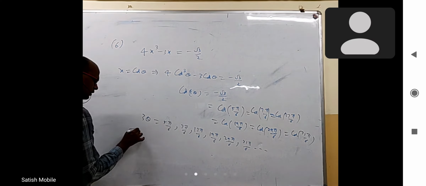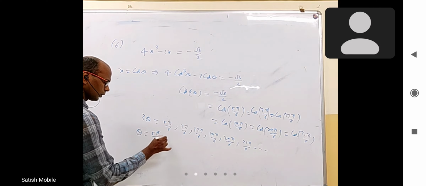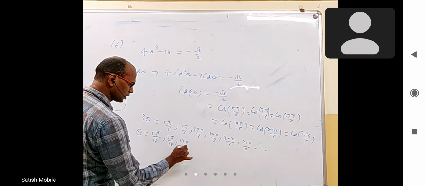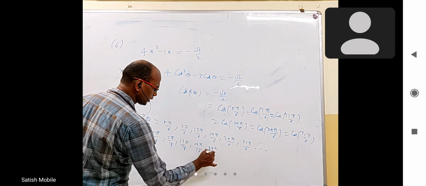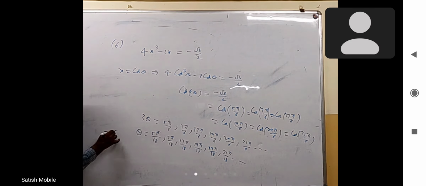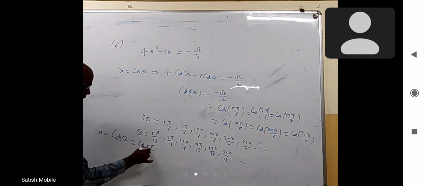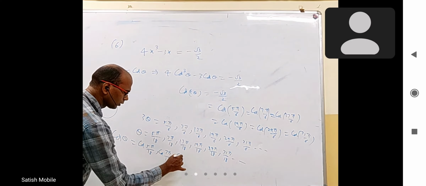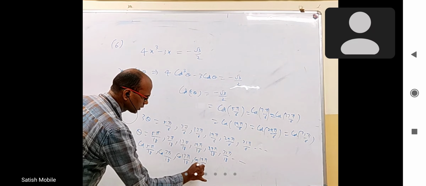When you divide by 3, theta will be 5 pi by 18, 7 pi by 18, 17 pi by 18, 19 pi by 18, 29 pi by 18, 31 pi by 18, and so on. Cos theta, which is x, will be cos 5 pi by 18, cos 7 pi by 18, cos 17 pi by 18, cos 19 pi by 18, and so on.